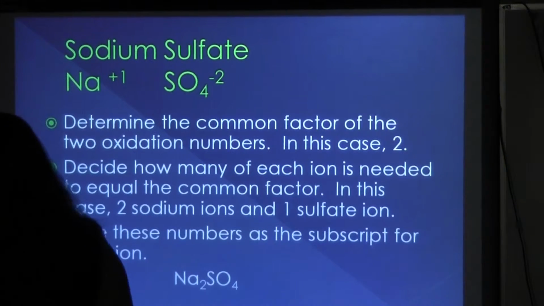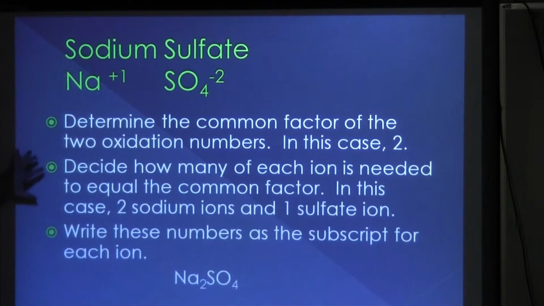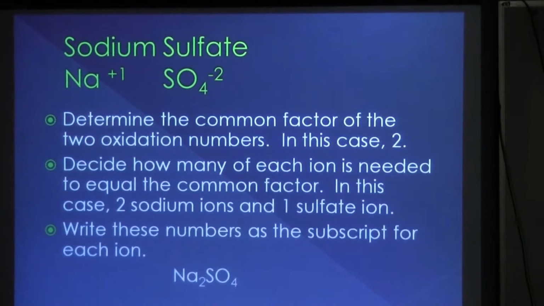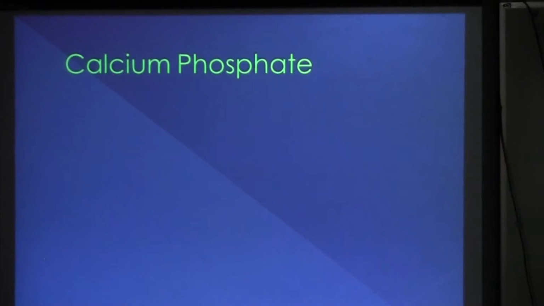Okay. You don't have to write down the full steps for the next one, but I want you to go through the process and write down the steps that you would take as we go. Our second one is going to be calcium phosphate.